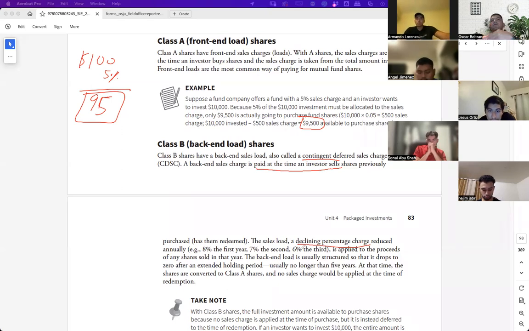Second year, 7%. Throughout the years it's going to get reduced and reduced, and eventually, after a certain time period, it's going to convert from Class B to Class A. And no sales charge will be applied at the time of redemption.